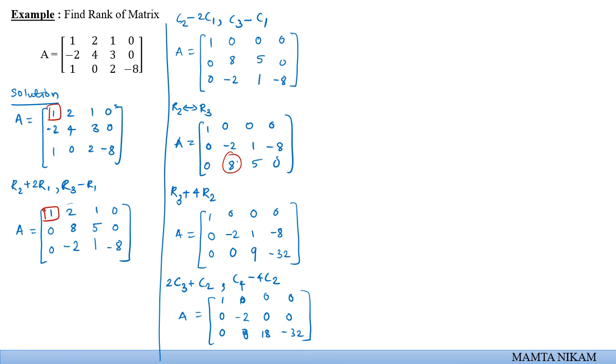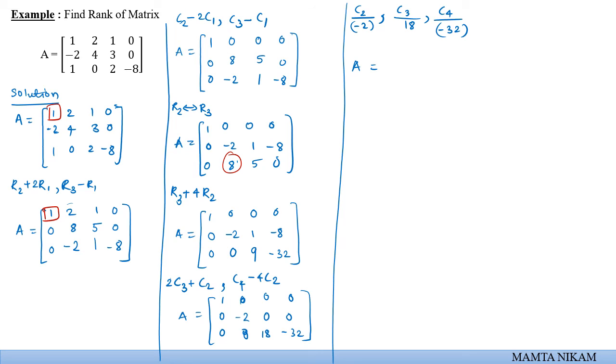Now if you observe the columns, there is only one element in each column, the others are all 0. So I can perform C2 divided by minus 2, C3 divided by 18 and C4 divided by minus 32. So this matrix turns out to be 1 0 0 0, 0 1 0 0, 0 0 1 0, 0 0 1.